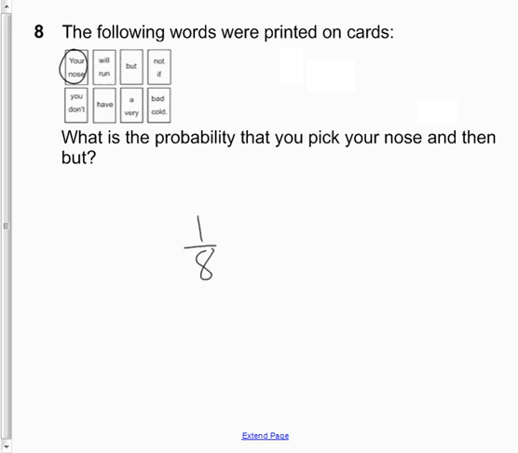And once you pick that card, the chances that you're going to then pick but will be 1 chance out of 7, because the first card had to be gone. Once you pick your nose, 1 card is missing. So the combined probability will be 1 chance out of 56. A lot of people said 1 chance out of 64, but remember, your nose is not put back into the deck. Sorry, your nose. The but is still in.